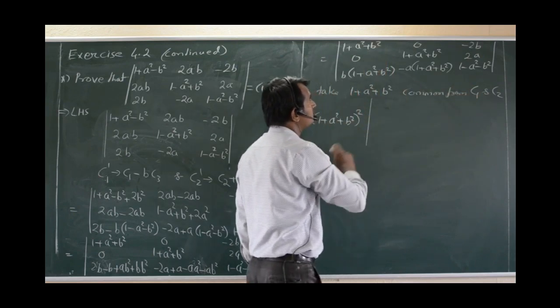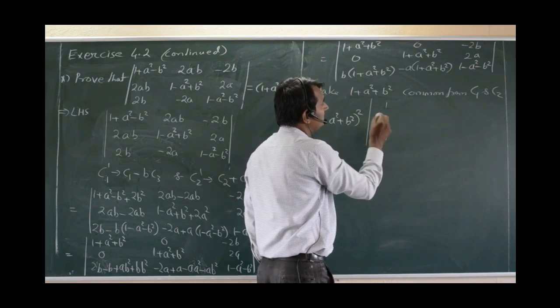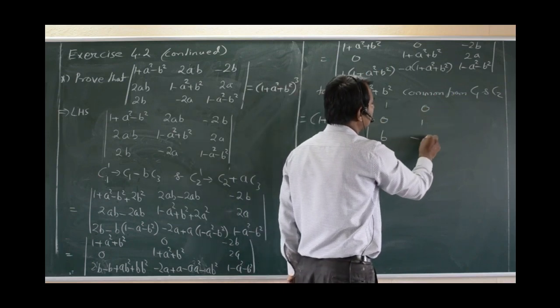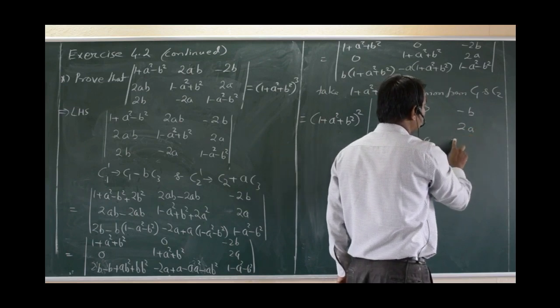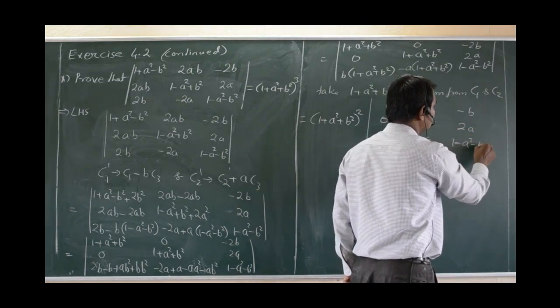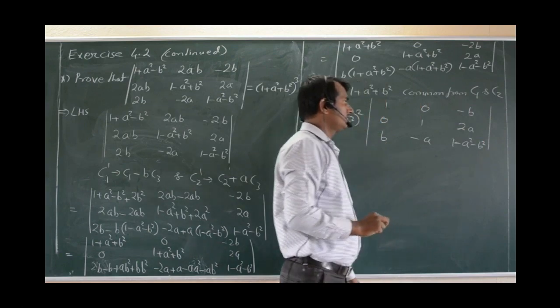Then the determinant is 1 0 b, next 0 1 minus a, at last minus b 2a 1 minus a square minus b square. Now the problem is very simple.